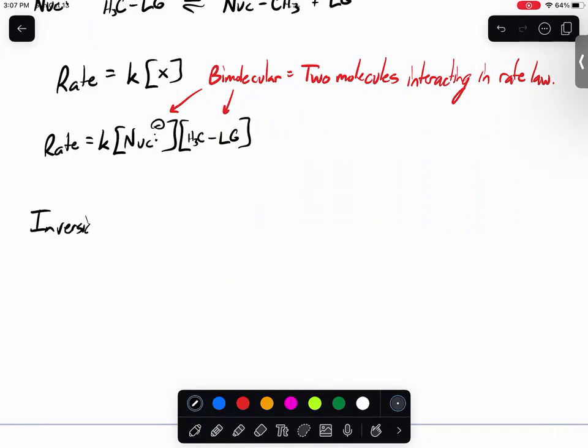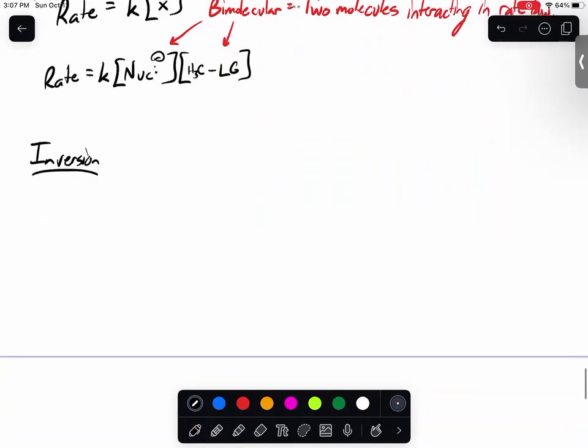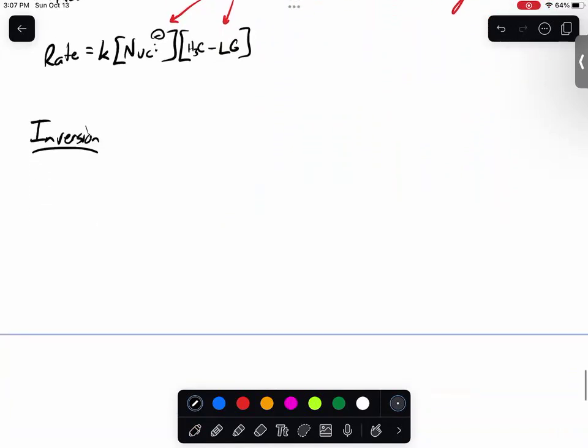So, talking about inversion, you probably saw back when we were talking about the umbrella flip that the flip does interesting things because you may imagine, let's say that we labeled a structure in terms of priority, right? Let's say the leaving group happened to be priority number one, and then we just had two, three, and four like this.